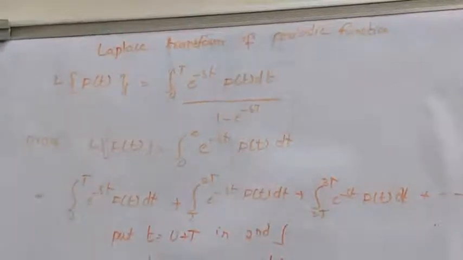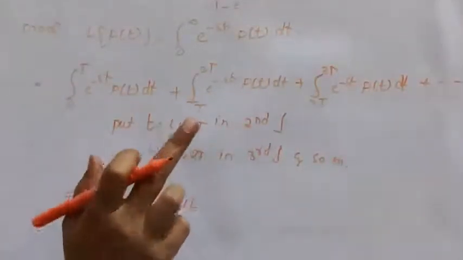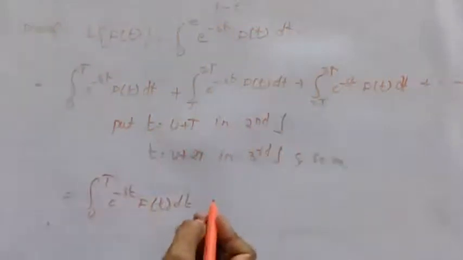Integral 0 to T of e power minus st f of t dt. There is no change in the first term. We are bringing the changes only in the second and third terms.